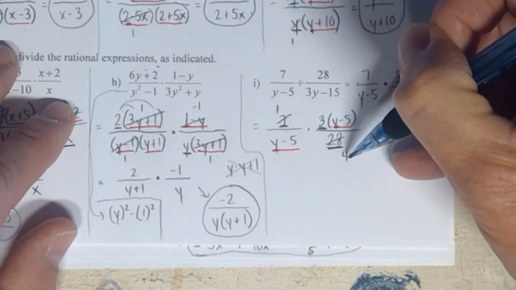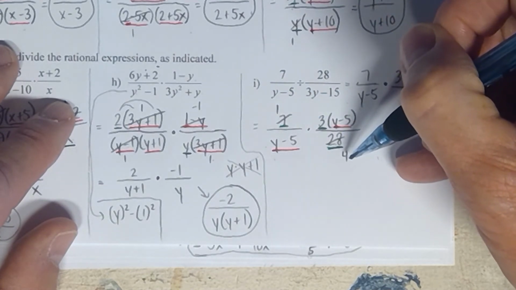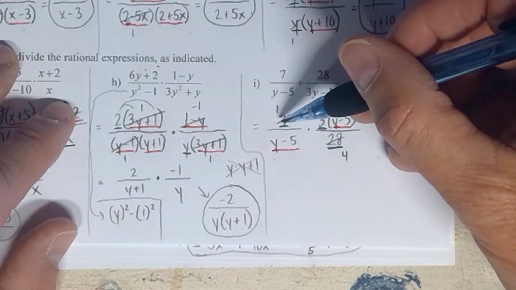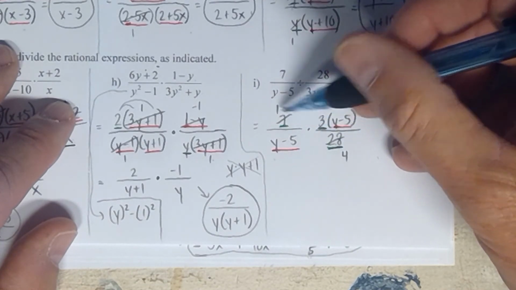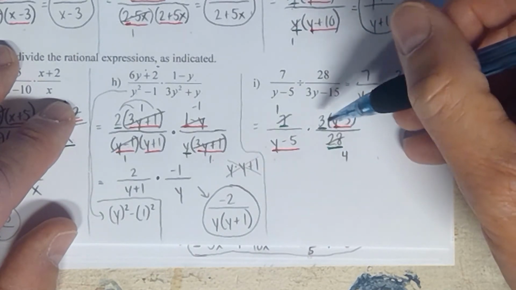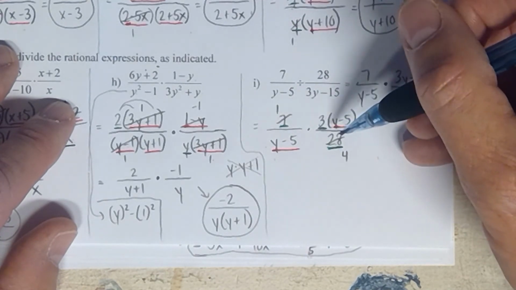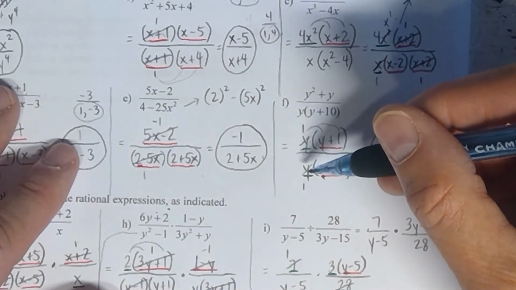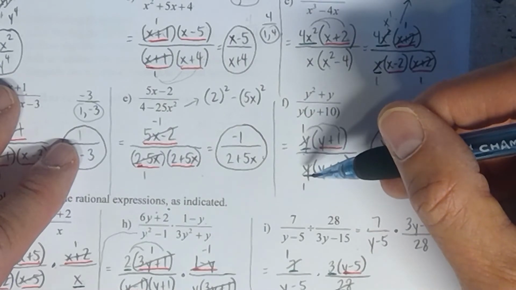1 and 4 are still eligible to be canceled even further if that's possible. Okay, when you have more than 2 green ones, that is possible that something could be canceled more than once. Okay, if you have just 1 green one on top and 1 green one on the bottom, like we saw up here, if you do it right the first time, you shouldn't have to cancel again.